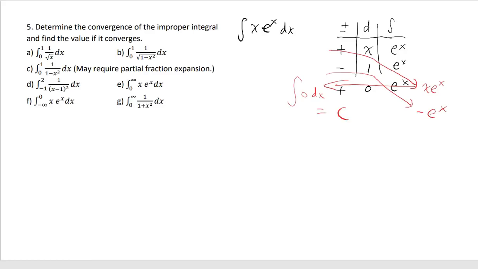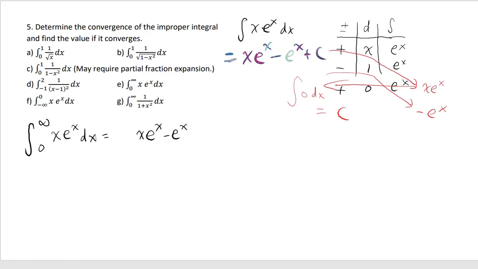So adding these, the answer you get is x times e to the x minus e to the x plus c. That's the indefinite integral. Therefore, when you have the integral from 0 to infinity of x times e to the x dx, that will be x times e to the x minus e to the x, and you're plugging in 0 and infinity.